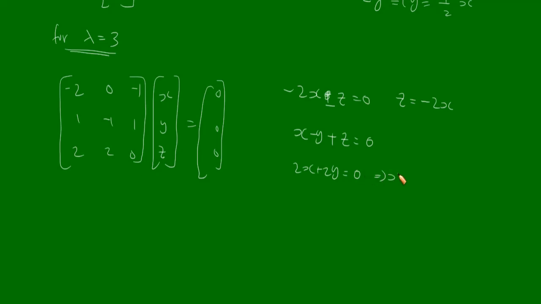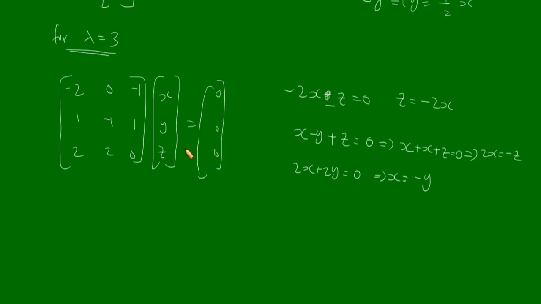From here we get x equal to minus y, and if I substitute it back, this equation becomes x plus z equal to 0, so z is equal to minus 2x, same as the earlier equation.